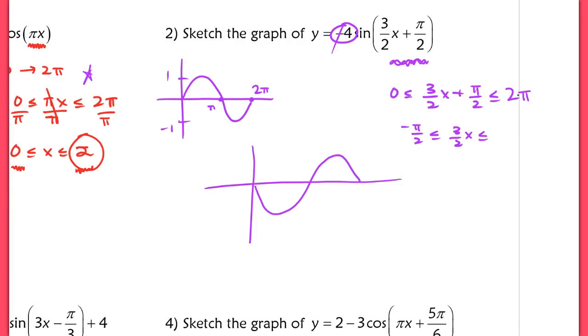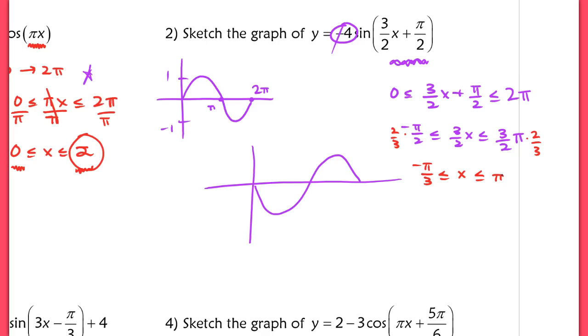So 2 pi minus pi over 2, that gives me 3/2 pi. And now I'm going to solve again for x by multiplying by 2/3 on both sides here. So if I multiply by 2/3 here, I end up with -pi over 3. If I multiply by 2/3 here, I end up with pi.